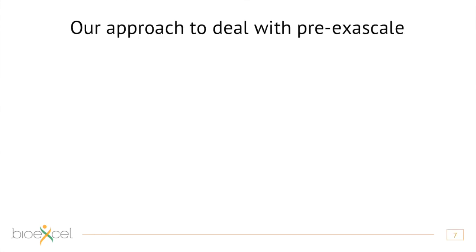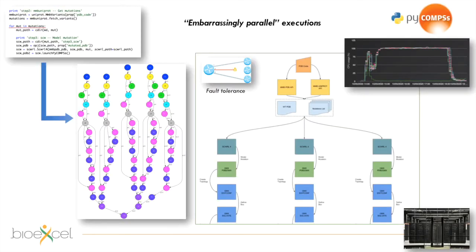And I want to show you our approach in BioExcel to deal with these pre-exascale supercomputers. We are using a framework called PyCOMPSs that is developed in the Barcelona Supercomputing Center. This framework is able to, just looking at a script, in this case a Python script, automatically identify loops like this one.